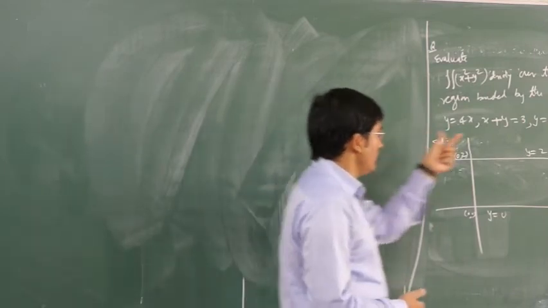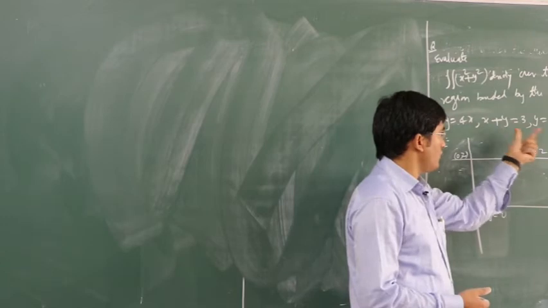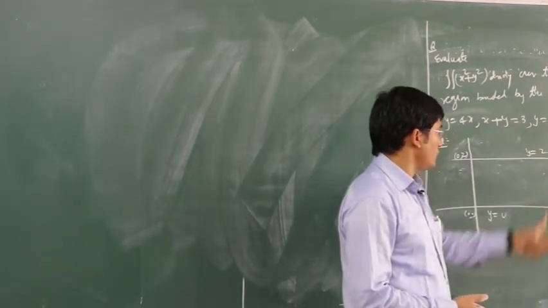and the intersection of x plus y equal to 3 and y equal to 2 will be, if you put y equal to 2 here, then your x will be 1, and again if you put x equal to 0, then your y is 3, so the line will be like this. Here this is your x plus y equal to 3.